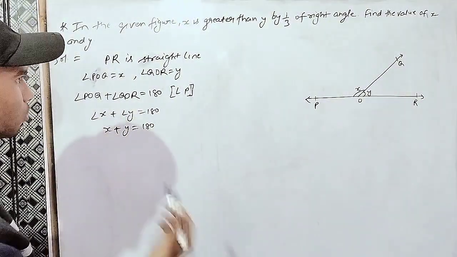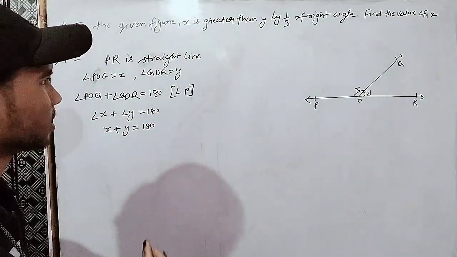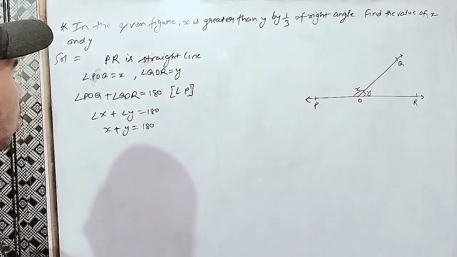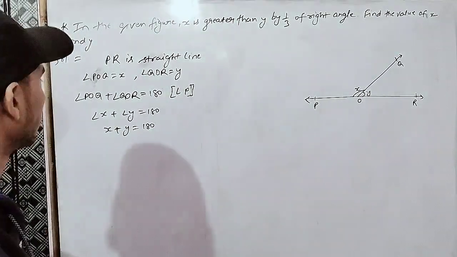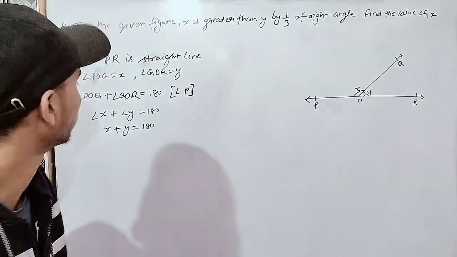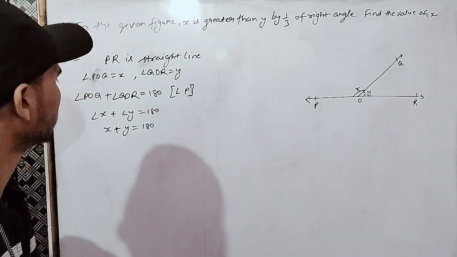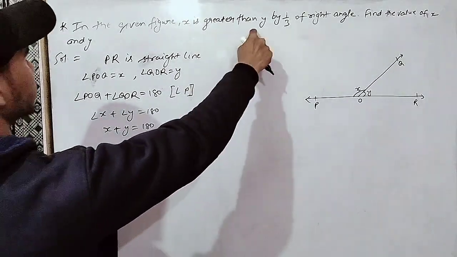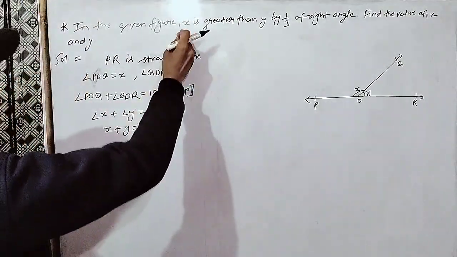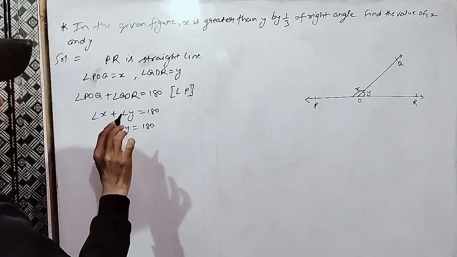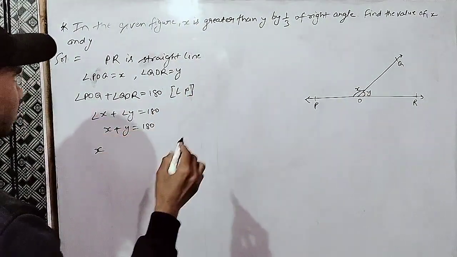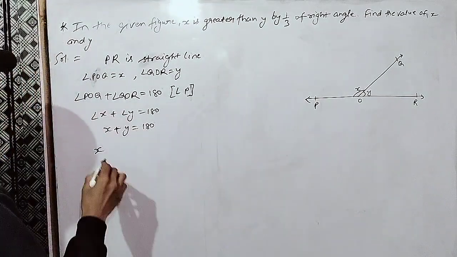X plus y is 180 degrees, and it is called a linear pair because the sum of the angles is 180. Now it comes to this statement. X is greater, which means add. X would be written with the sign of add.